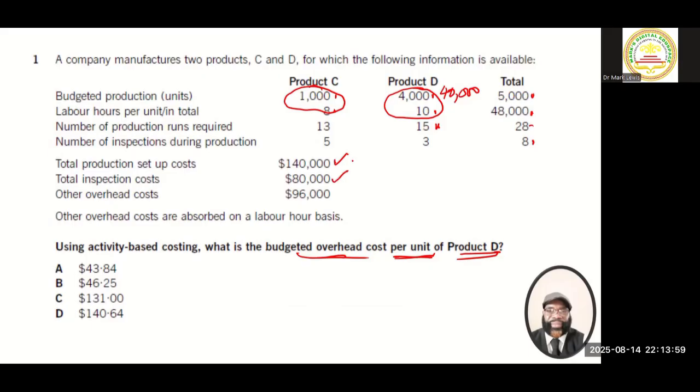Inspection, $80,000 in cost. And we are given the other overhead cost, which is $96,000. We're told that other overhead costs are absorbed on the basis of labor hours. Now, with that said, let us get straight into the workout.